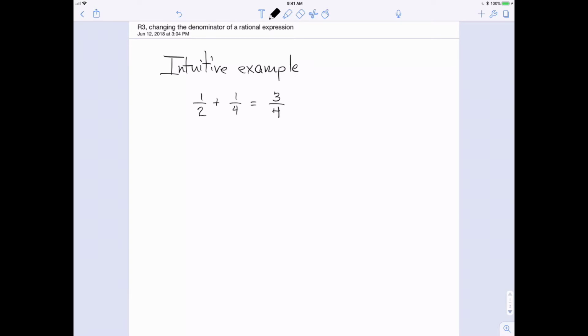But if you look at the problem, you can't simply add the ones or add the twos and the 4. That doesn't get you to 3/4. What really happens is you have to change the whole problem, remembering that 1/2 is really the same as 2/4. If you do that, now the denominators match, and so we say these are common denominators.